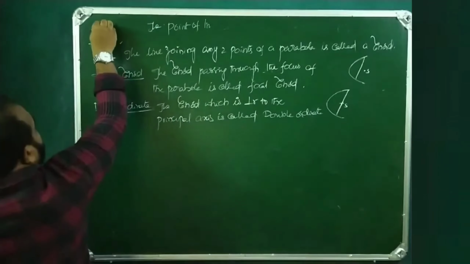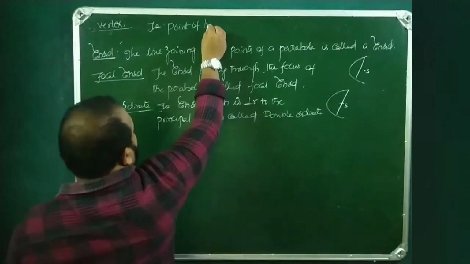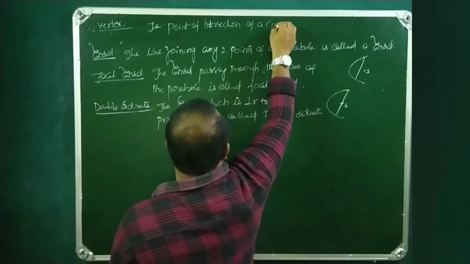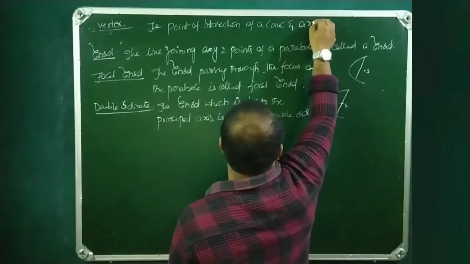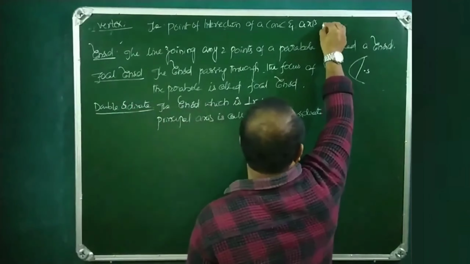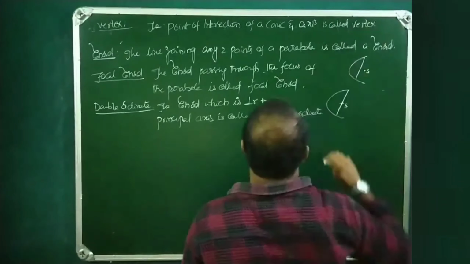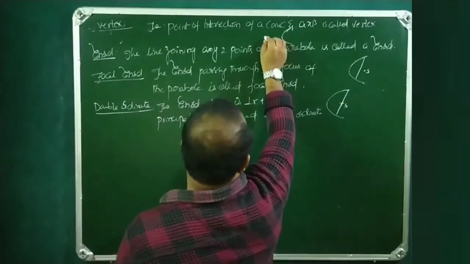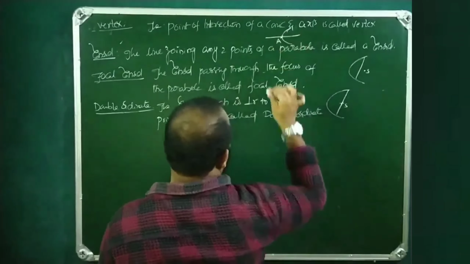But before that, what is vertex? The point of intersection of a conic and its axis is called the vertex. The principal axis can be shortly termed as axis also. That means this is the parabola, and this is the axis. Both are intersecting at this point. This point is called the vertex A.